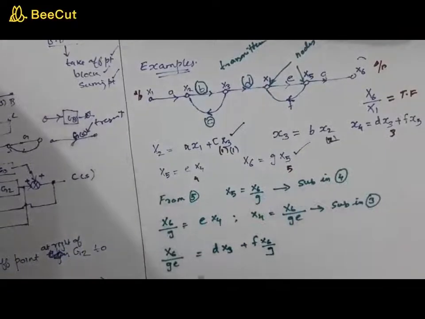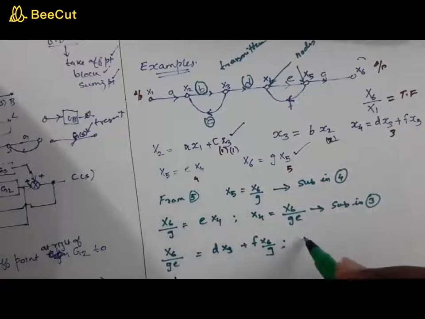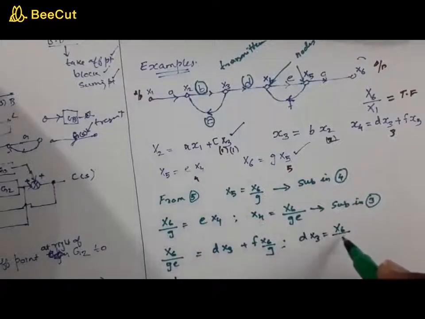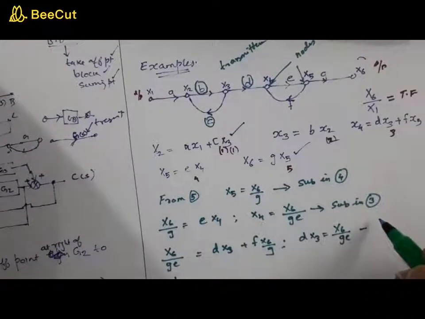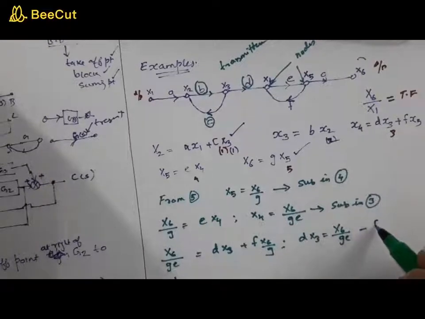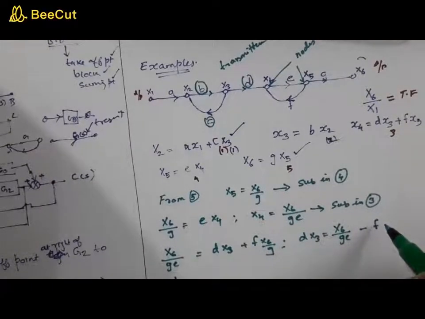So from this you will be able to get d x3 is equal to x6 by ge minus f times x6 by g.